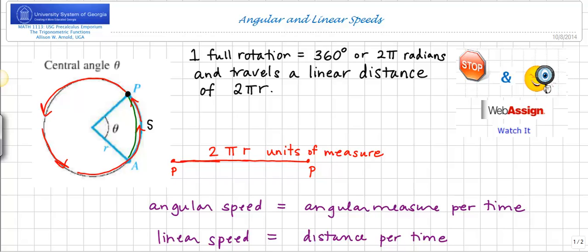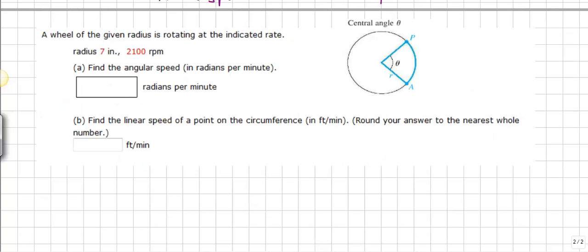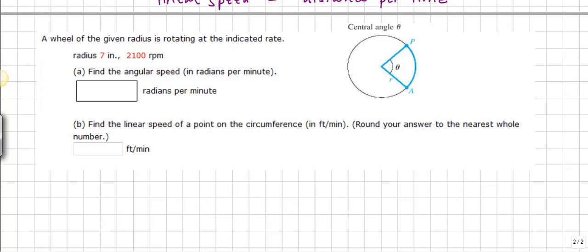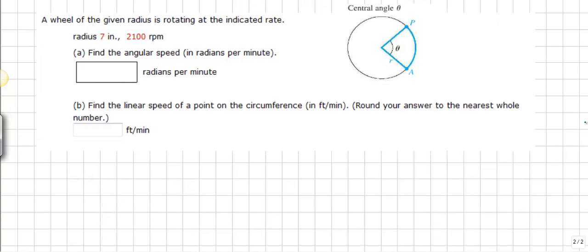Okay, let's look at an example. So here's an example where we're given that a wheel of radius 7 inches is rotating 2100 RPMs. RPMs stand for revolutions per minute.